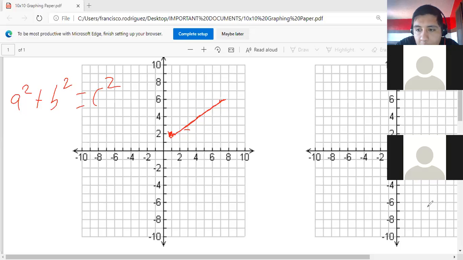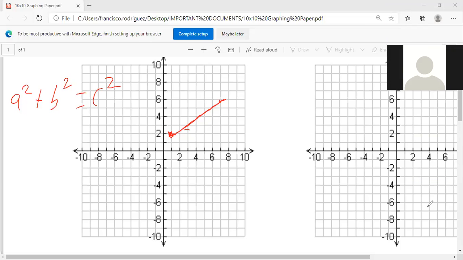Square root it. Right, that's right. If we take the square root of both sides, then c is equal to the square root of a squared plus b squared. We don't know what a and b are, but we at least know that c would be equal to that.